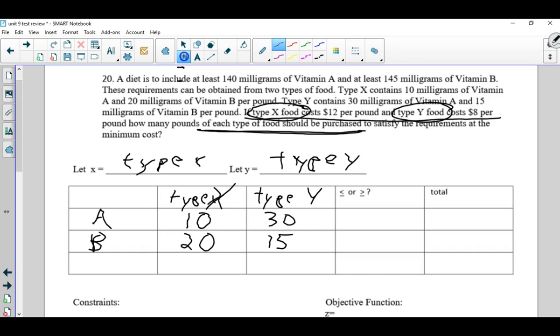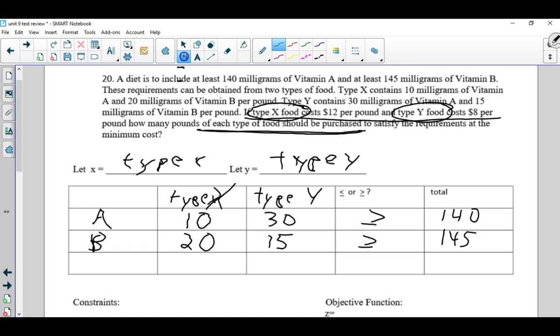Now it says a diet needs at least 140 milligrams of A and at least 145 of B. So at least means that's the very minimum. So we're doing greater than or equal. Now, I forgot to do our Z function.